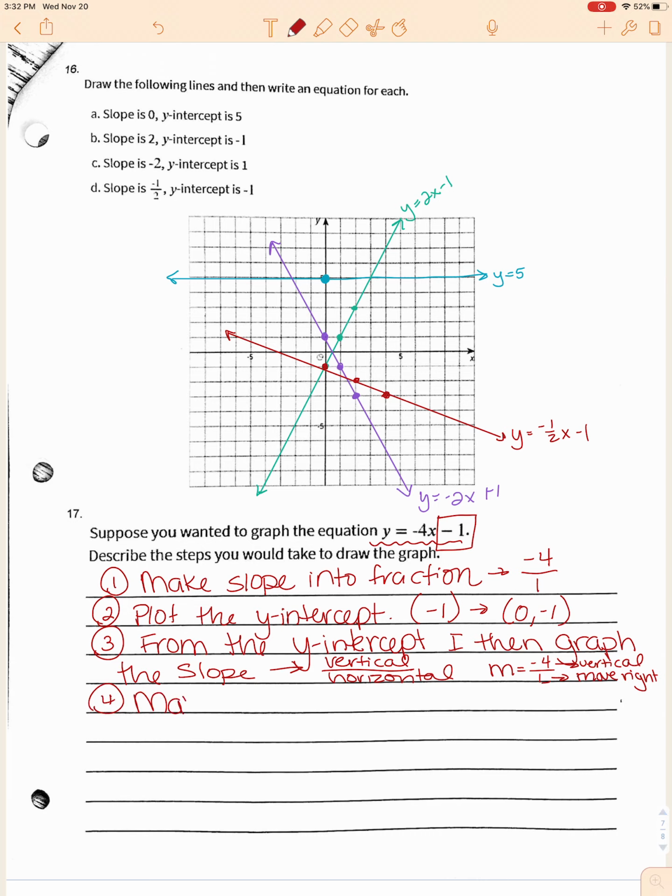Number 4, I make sure I have at least 3 points. So I continue to graph vertical over horizontal.